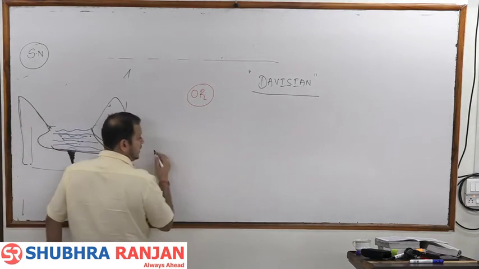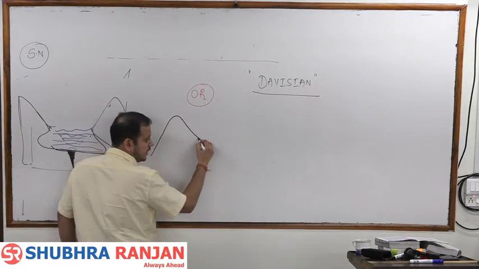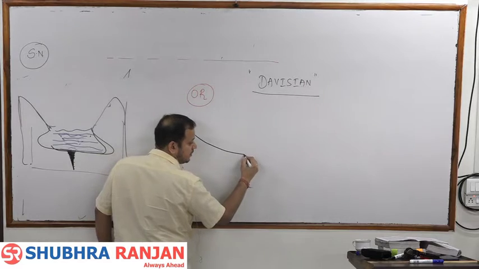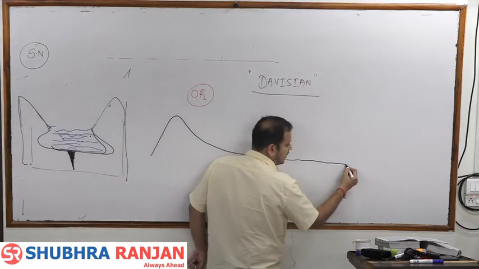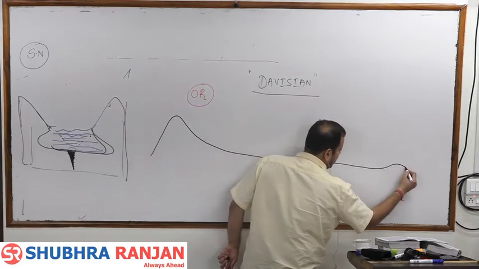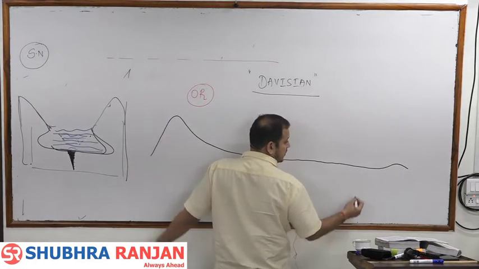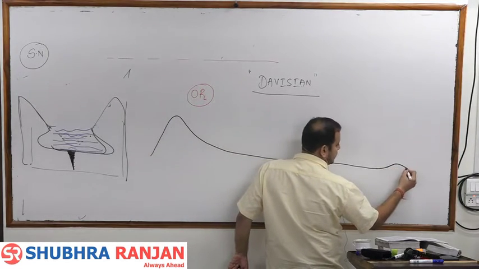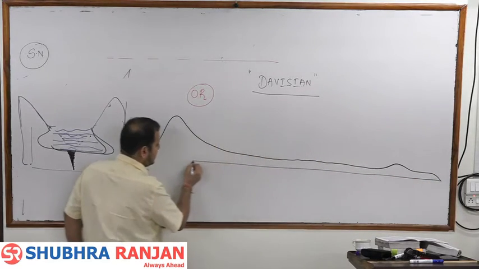Davis says that initially the height of the landform is greater in the form of mountains, fine, and over a period of time the height of the landform will be reduced, they will form plateaus, and ultimately it will be reduced to such an extent that it will be near the sea level, except the mountain which is made up of tough rocks; such tough rocks will not be destroyed and they will become a hill. So the Davisian cycle is especially this.